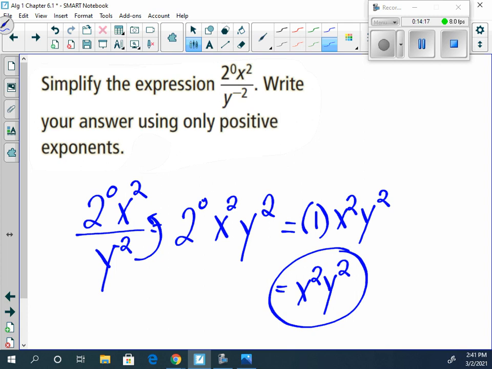Questions on this here? From here to here? Well, what's 1 times x squared?